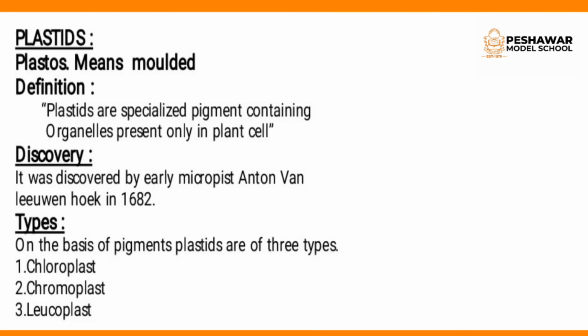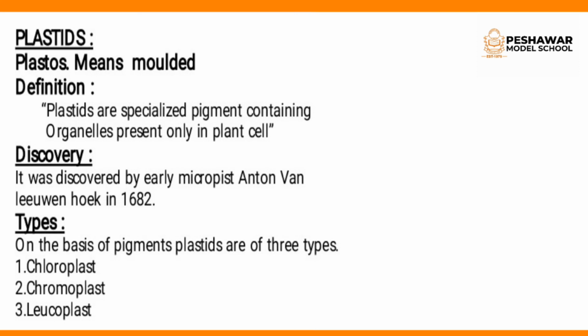The plastids are specialized pigment-containing organelles present only in the plant cell. They were discovered by Anton van Leeuwenhoek. There are three types of plastids: the chloroplast, the green-colored plastids, which are present in the leaves and help in photosynthesis.